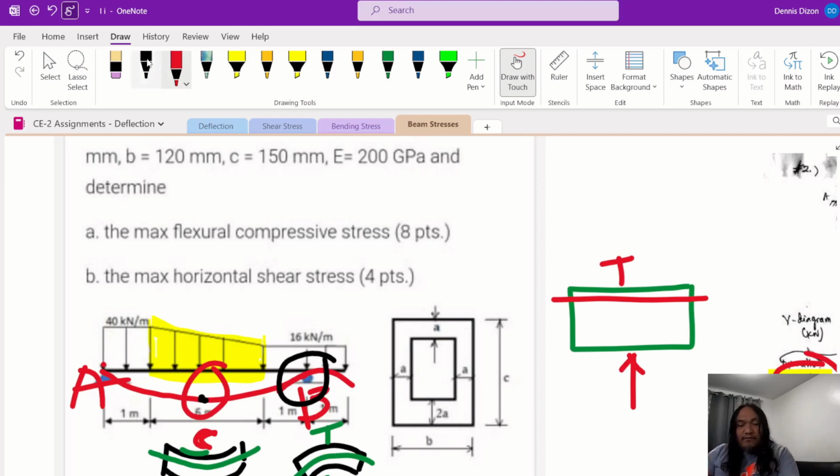Now, since we have a cantilever, we have no option but to solve two locations and determine which one produces the biggest flexural compressive stress.